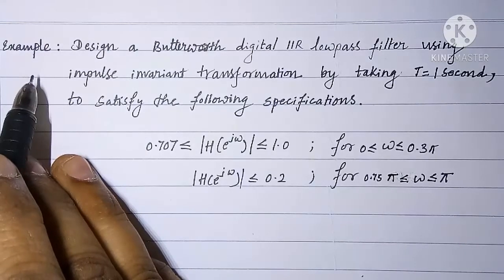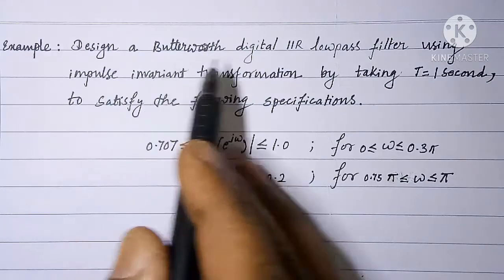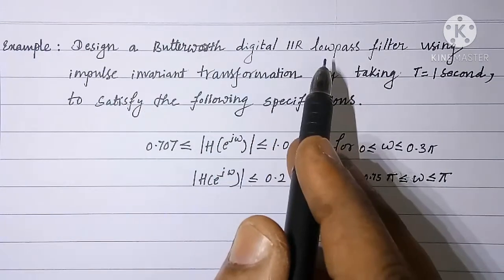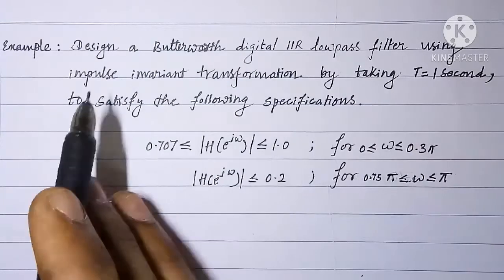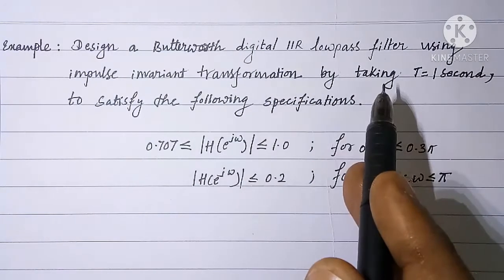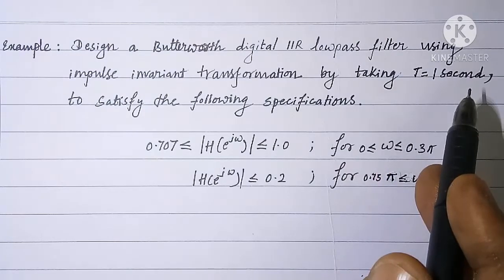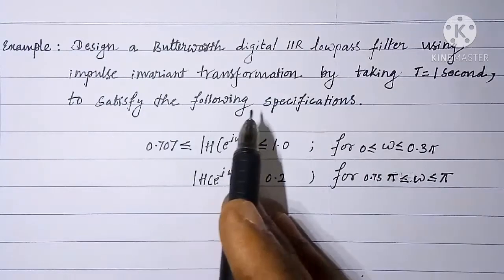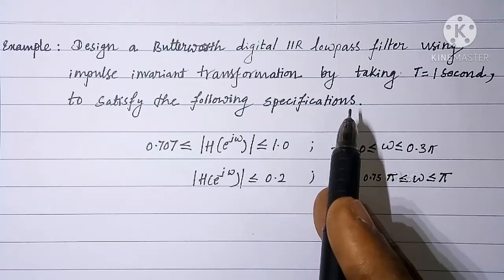Example: design a Butterworth digital IIR low pass filter using Impulse Invariant Transformation by taking T equal to 1 second to satisfy the following specifications.